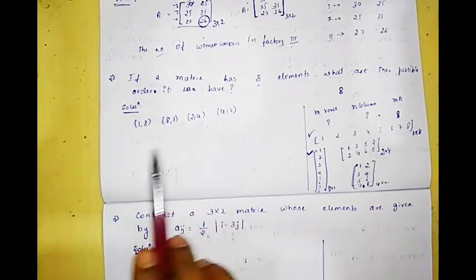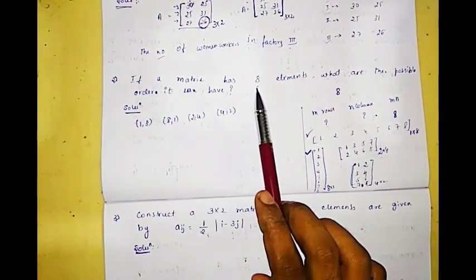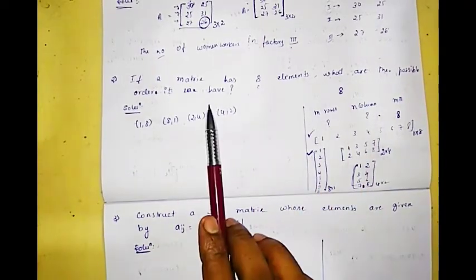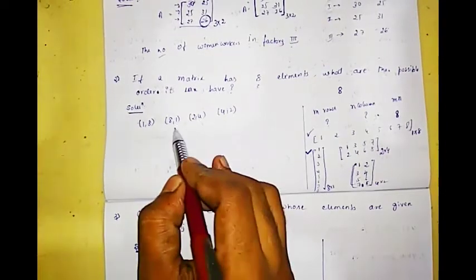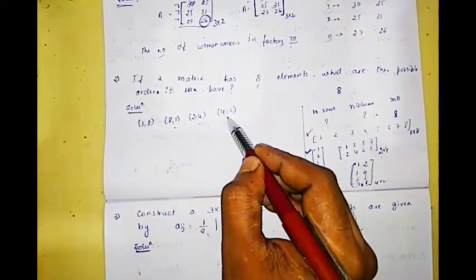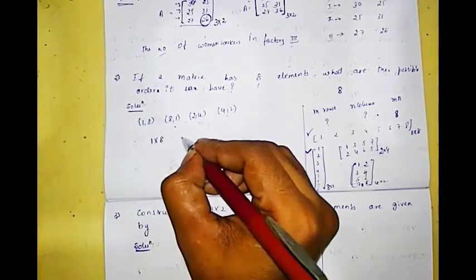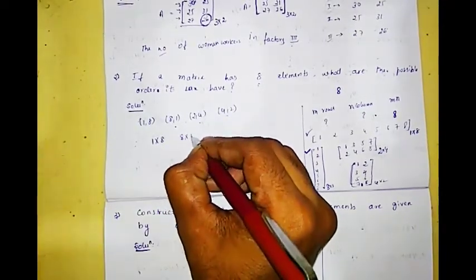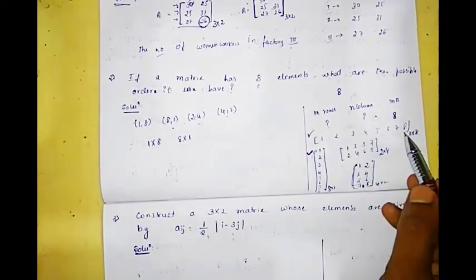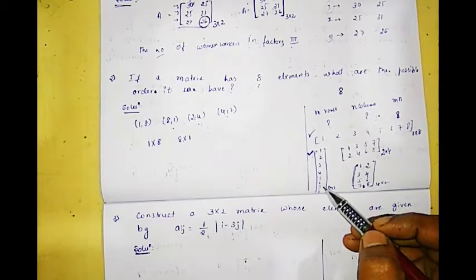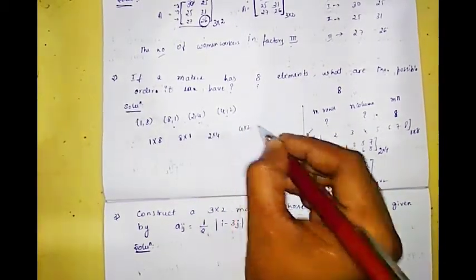So we have to find how many products will give the number 8 to get the number of possible orders. Therefore, the orders we can write for 8 elements are 1 by 8, or 8 by 1, or 2 by 4, or 4 by 2.